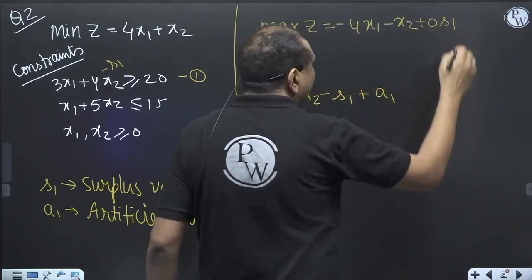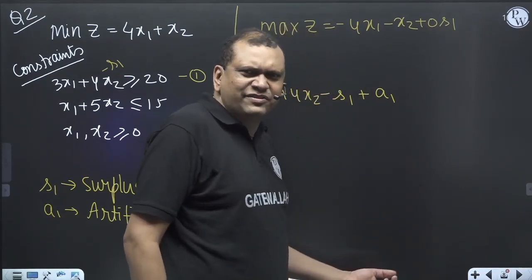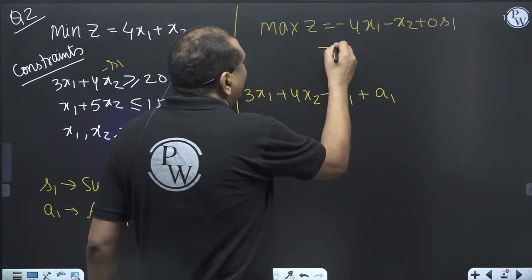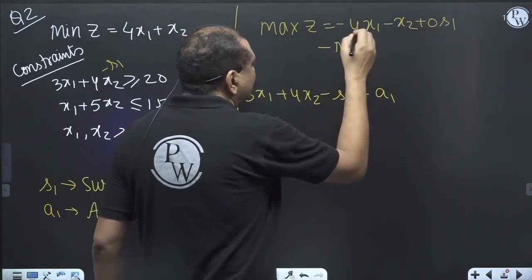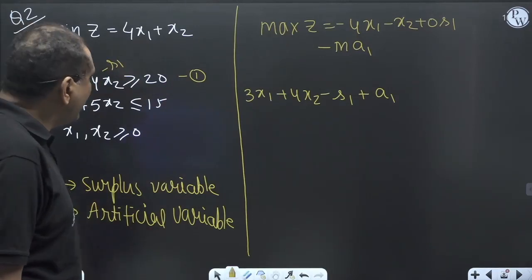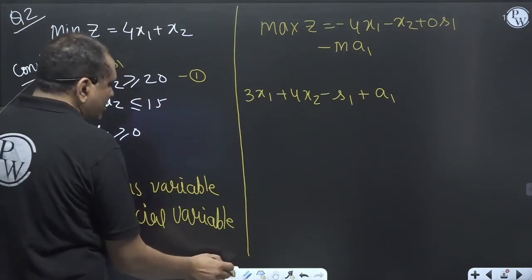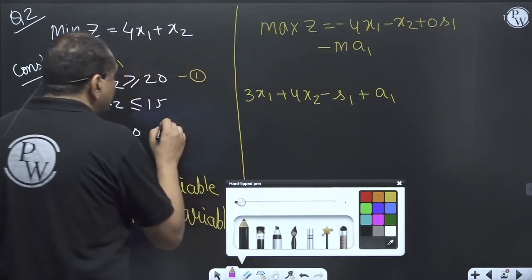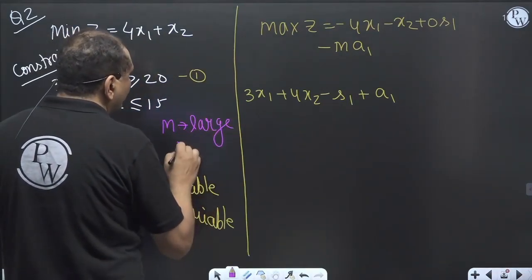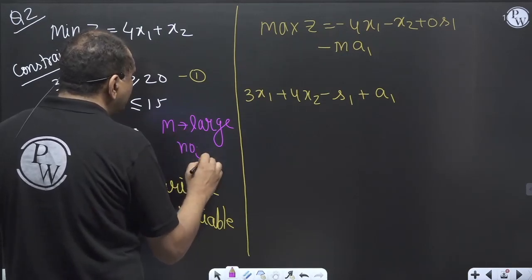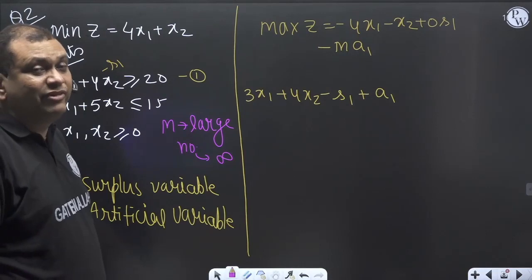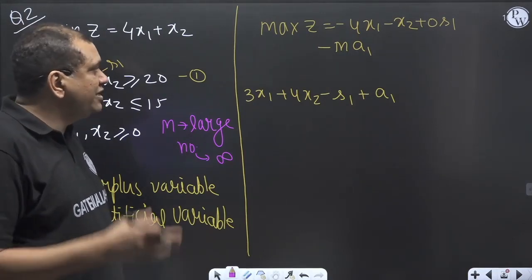Plus 0 S1, the surplus variable coefficient is 0, and minus M A1. A1 is an artificial variable. M is a very large number, almost infinite.